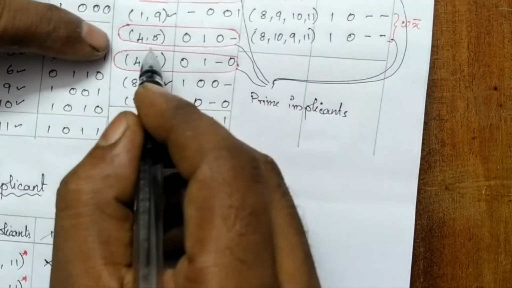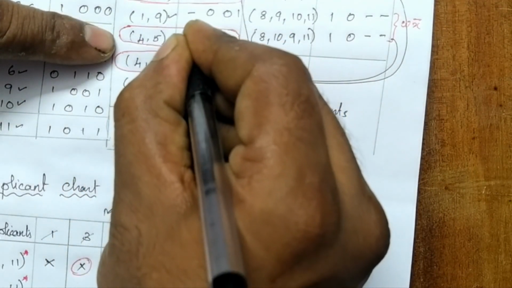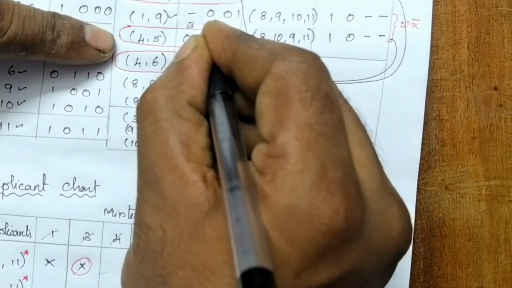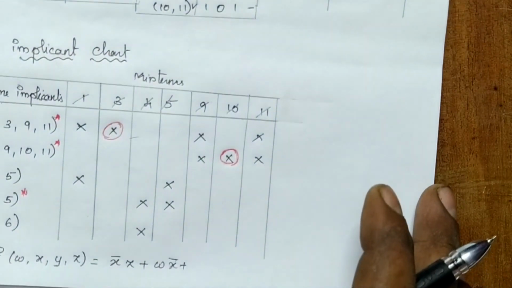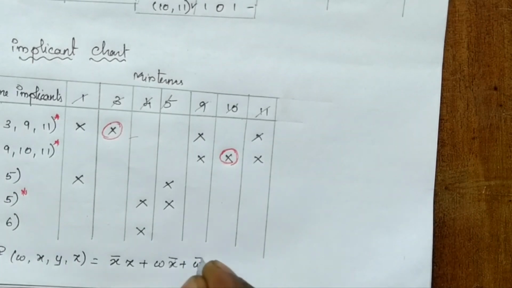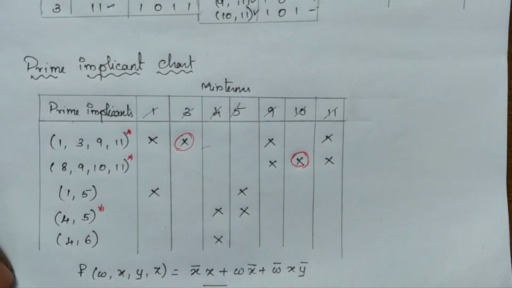For 4, 5, the respective value is w bar x y bar. So this is the final result. If you want, you can check this one using a K map.